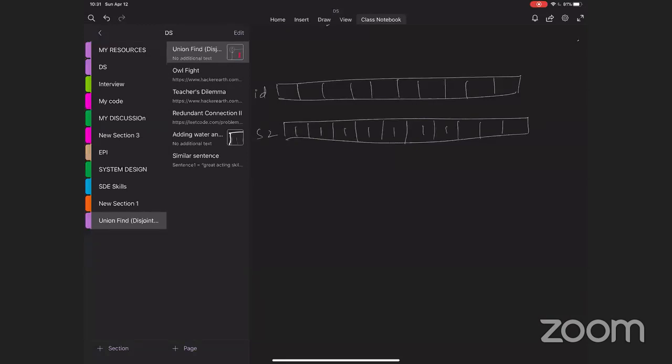And as we said, size is always 1 in the beginning.